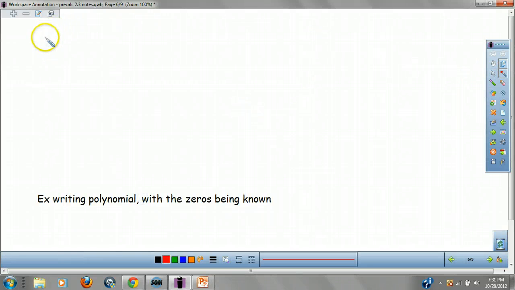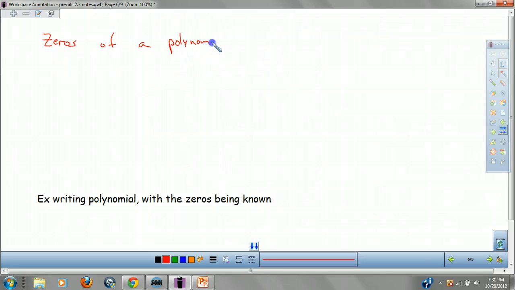First thing I want to remind you guys, the zeros of a polynomial are also the value of x that makes y equal to 0.